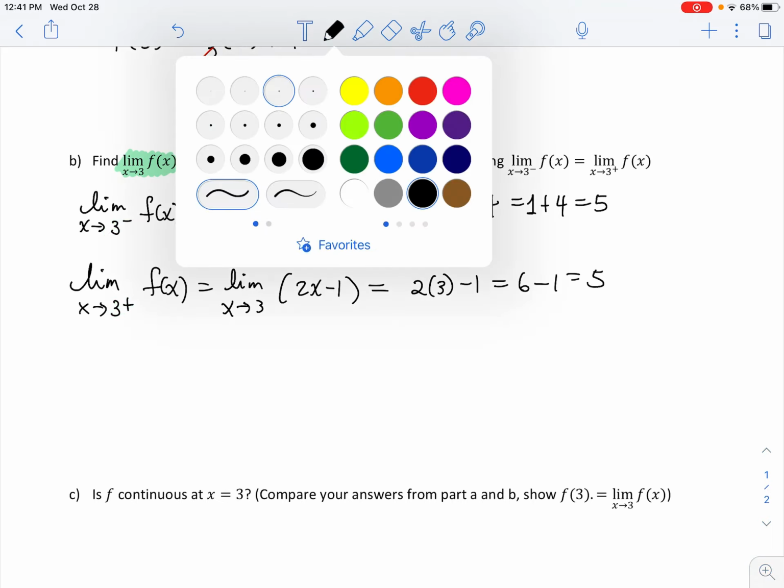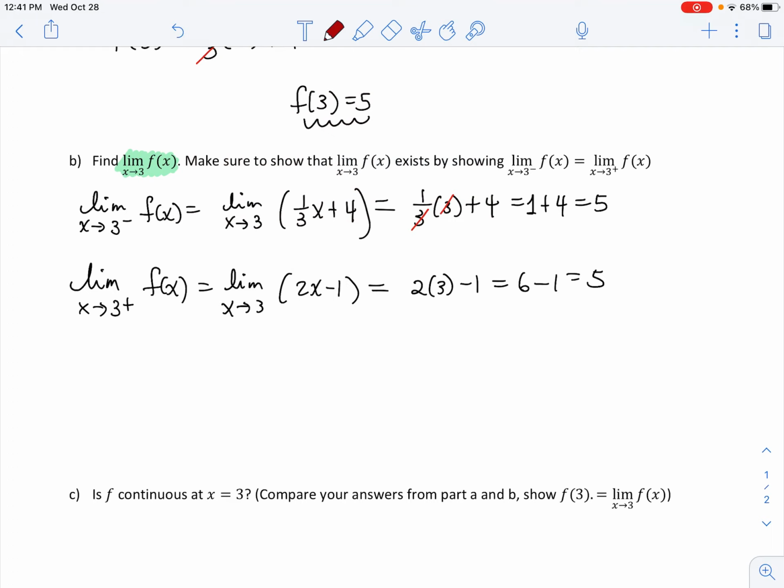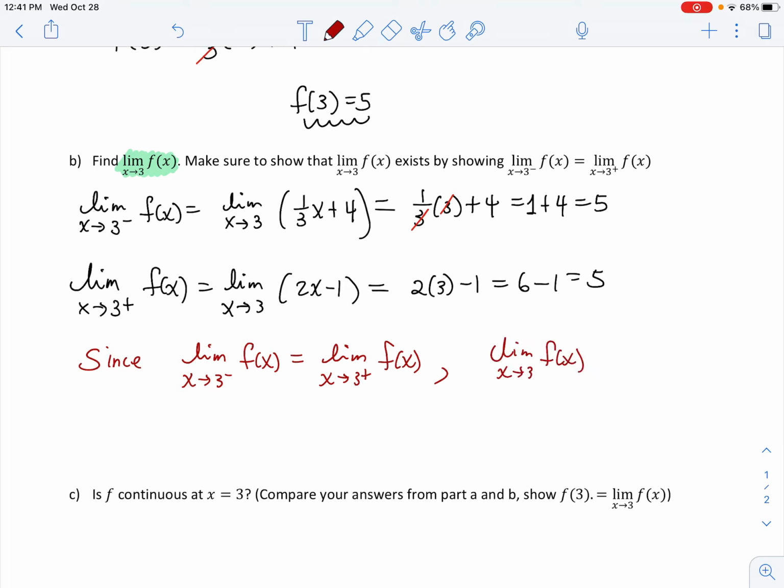Because they are the same, the limit to the left of 3 of f of x is equal to the right-hand limit. Left and right limits are the same. The limit exists, and it is 5.